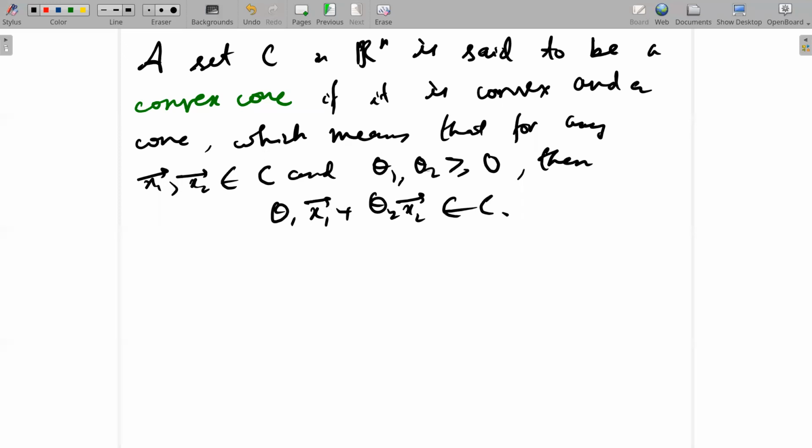You want theta 1, theta 2 so that the sum is 1. That condition we are not even demanding here.